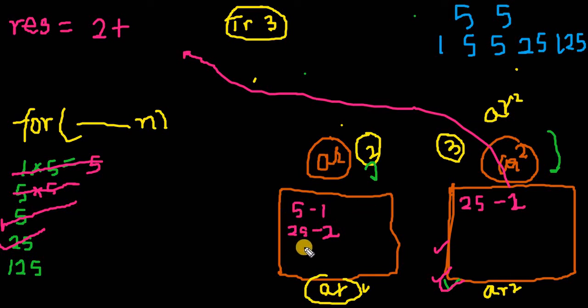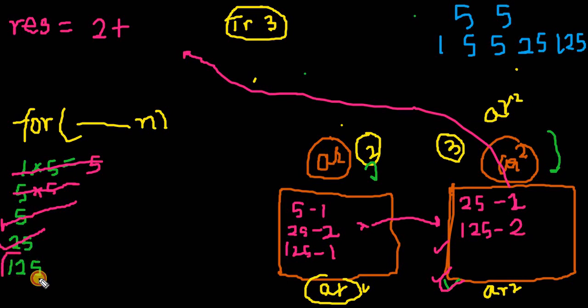Yes, 25 is present, so we'll multiply it by the common ratio and it will be stored here. So that would be 125, and we'll carry forward its frequency. So 2 will be transferred here. Okay, so far so good. And 125 will be initialized here. Okay, so 25 is done.